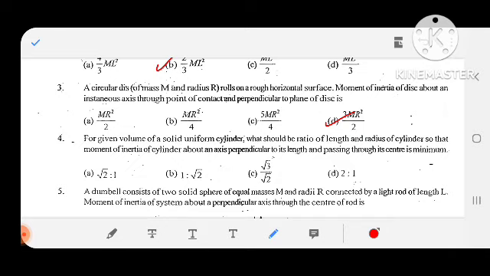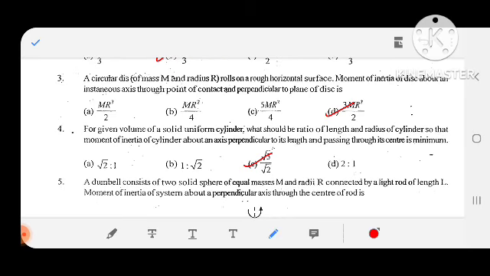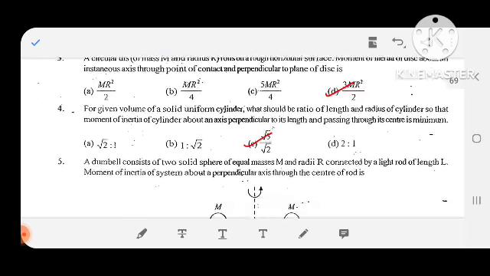For a given volume of a solid uniform cylinder, what should be the ratio of the length and radius of the cylinder so that the moment of the inertia of the cylinder about an axis perpendicular to its length and passing through the center is minimum? Answer: √3/√2.